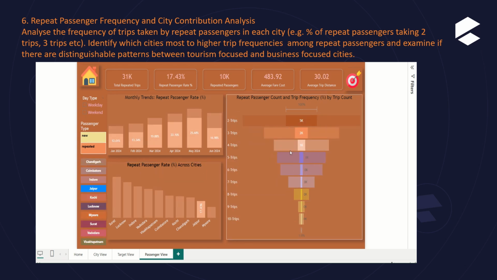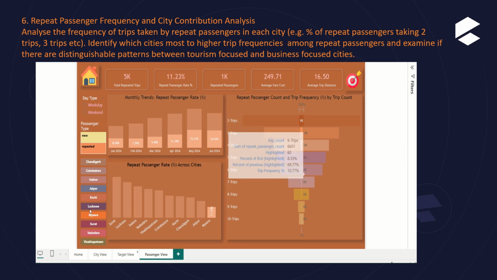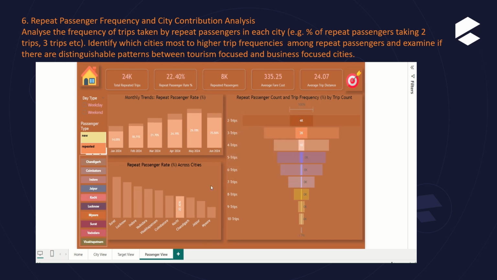Jaipur has the highest count because it is a tourism based and business based city, whereas if we see Mysore, Mysore is not such a business based city, so it has the least number of repeated trips, whereas in cities such as Kochi, where it is tourism based, the number of two trips is high, whereas the number of seven trips and eight trips are very low.